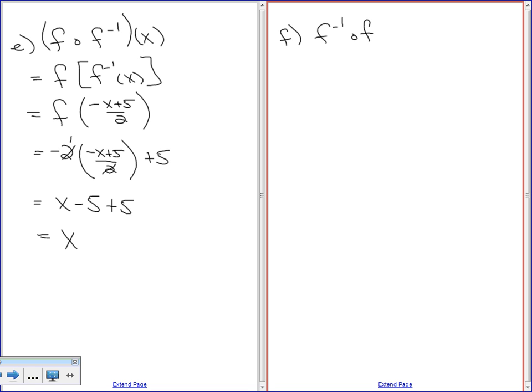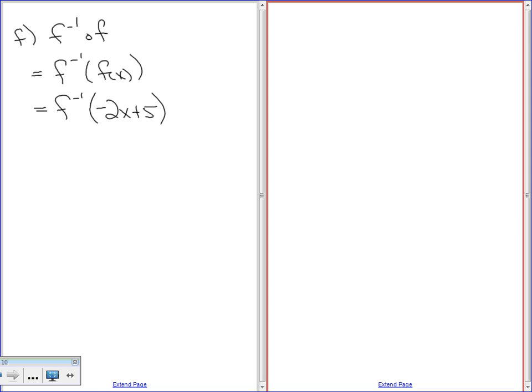So now let's do the inverse of the function. So this is f inverse evaluated at f of x. So f of x was negative 2x plus 5. Now we're taking that and plugging it into the inverse.